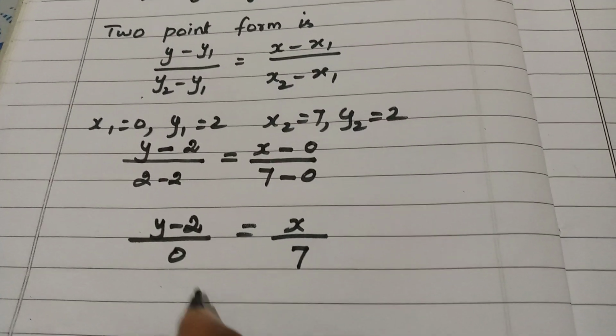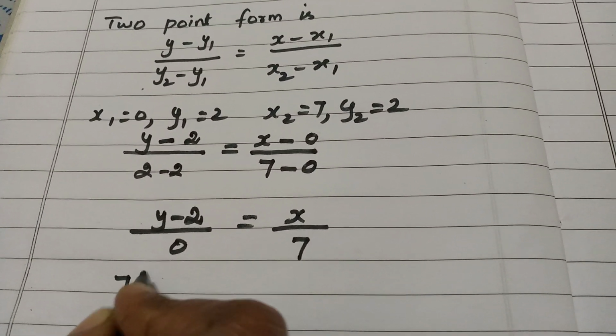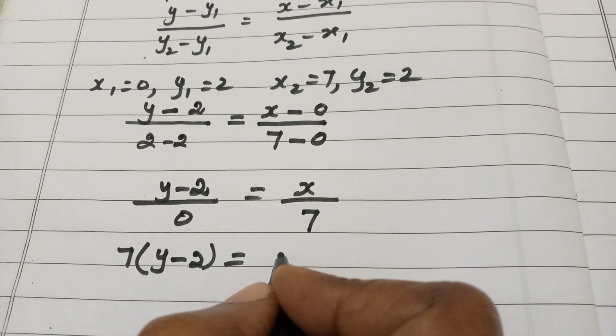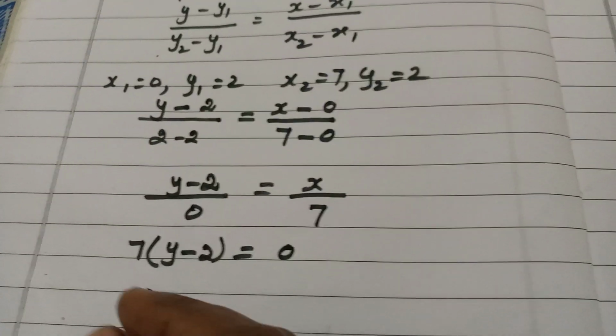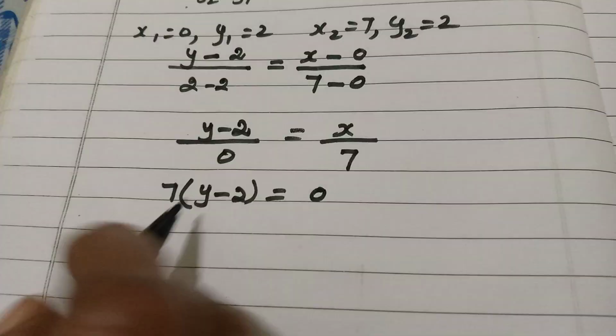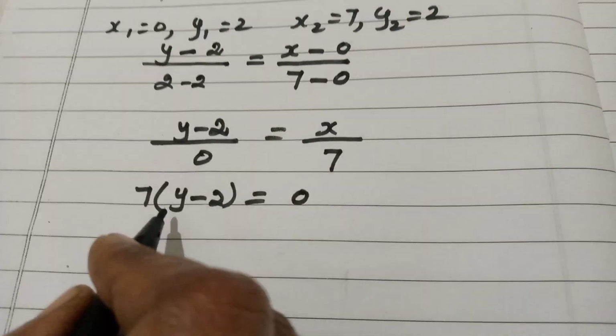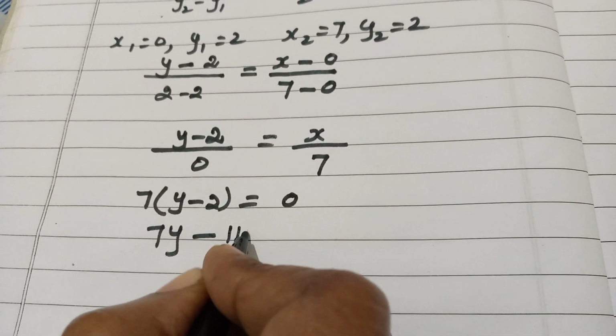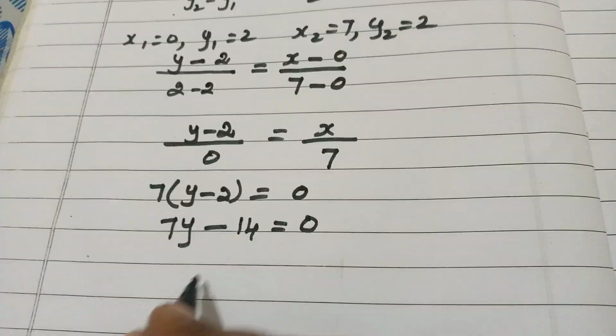Cross multiply it, we get 7 into (y minus 2) is equal to x into 0, which is 0. So 7y minus 14 is equal to 0. We have to find the y value.